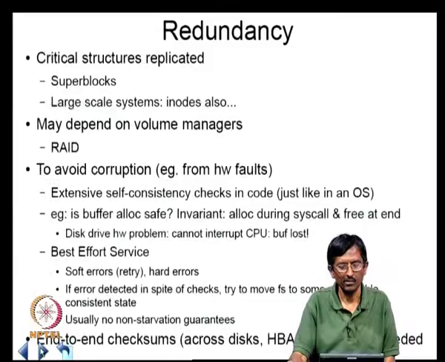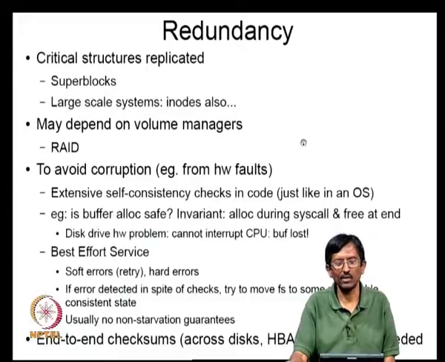So, I think we were discussing something at this point, and we were talking about how it is critical that you replicate critical structures or find some mechanism by which you can recover in case there are hardware problems.